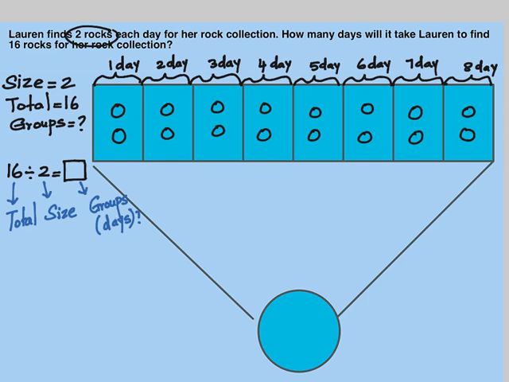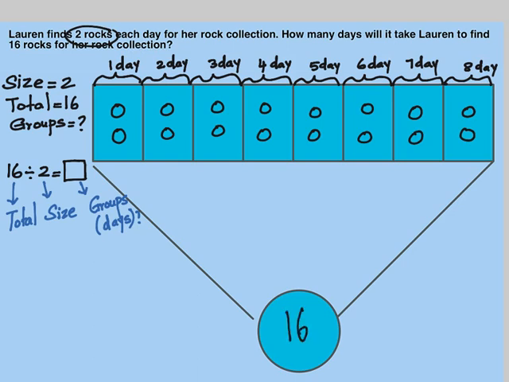Okay, so how many days did Lauren take to collect 16 rocks? She took this many days. So that means she took 8 days to collect 16 rocks. Let me write the total, 16 rocks.